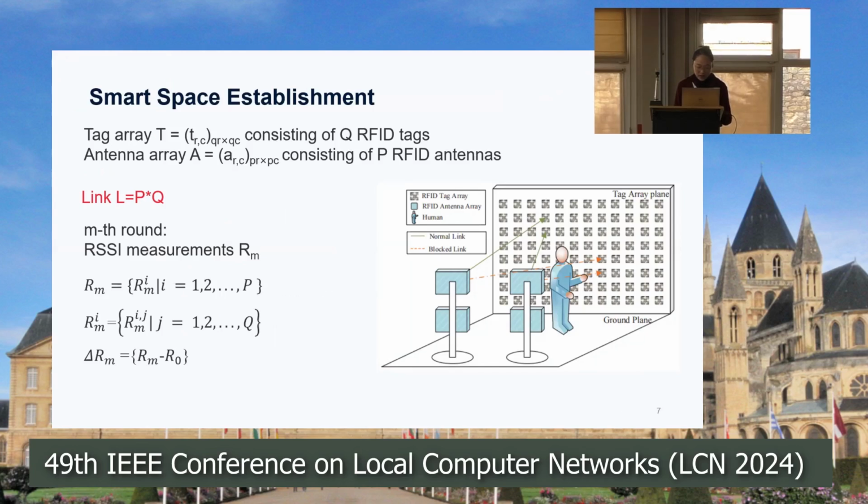Suppose there are P antennas and Q tags communicating normally with each other. Then L links can be formed. The RSSI measurements RM in the mth round will be generated as follows. When the background is static, the RSSI measurement is recorded as R0. The difference delta RM between RM and R0 is used for the next step.